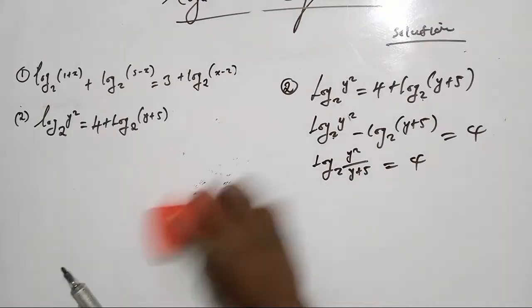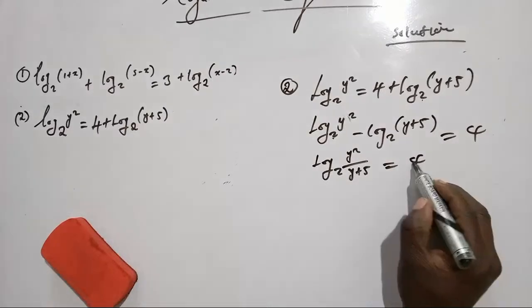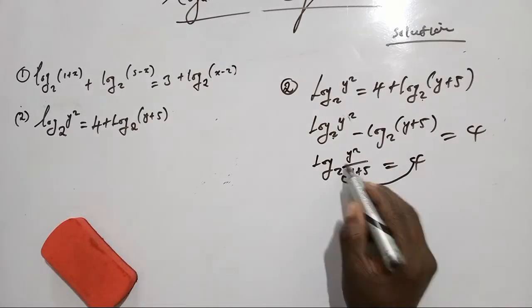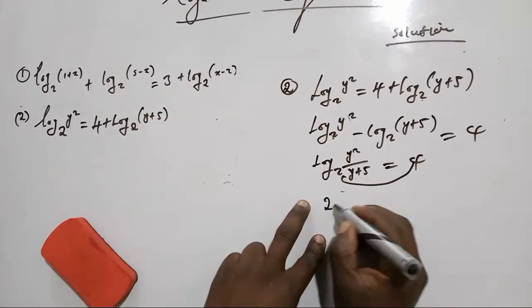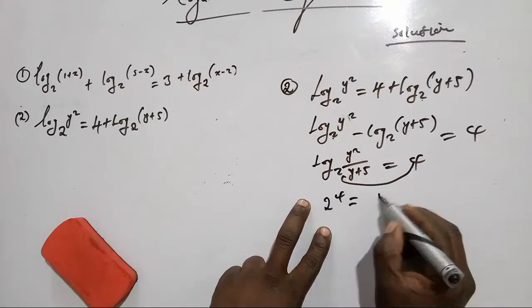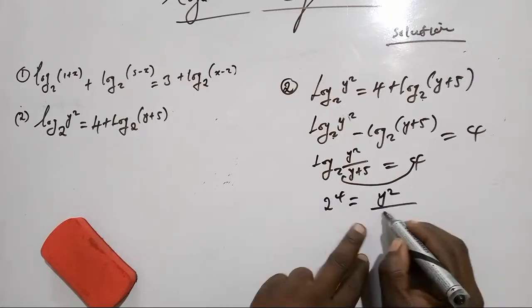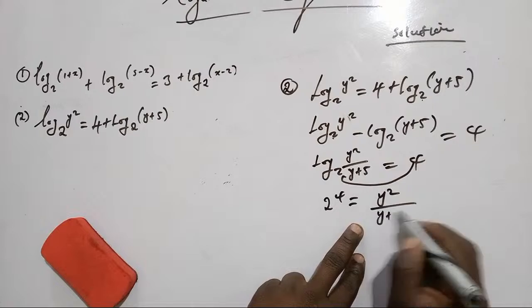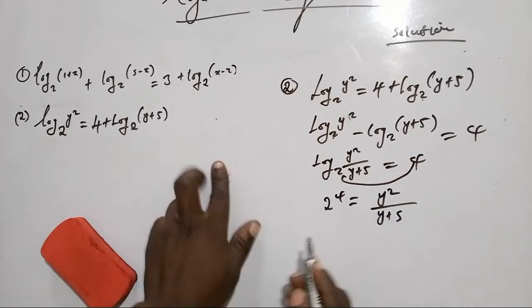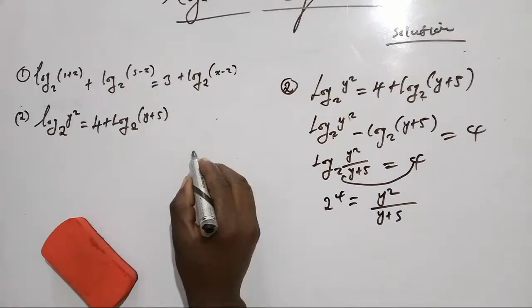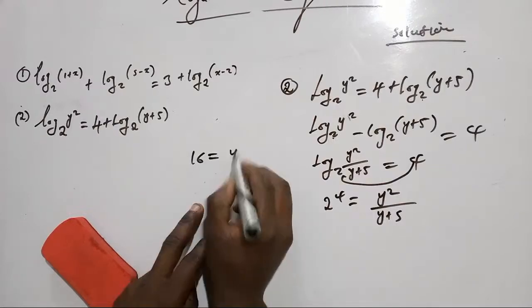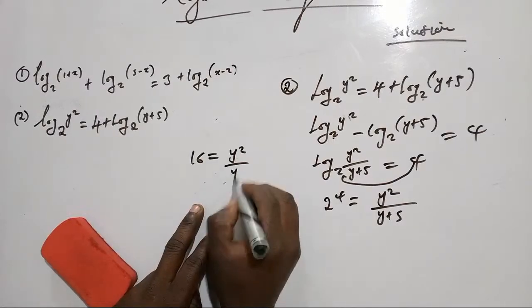So we are going to do the same even here. This 4 will become the power of this base 2 here. So it will be 2 to the power 4, which is equal to y squared over y plus 5, right? Then 2 to the power 4 is 16, which is equal to y squared over y plus 5.